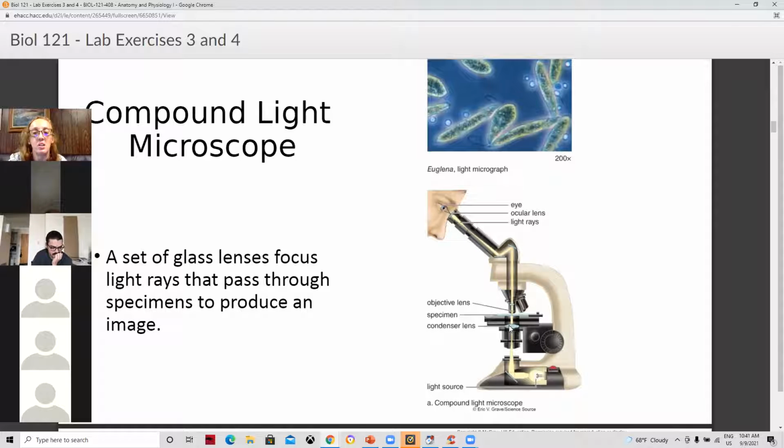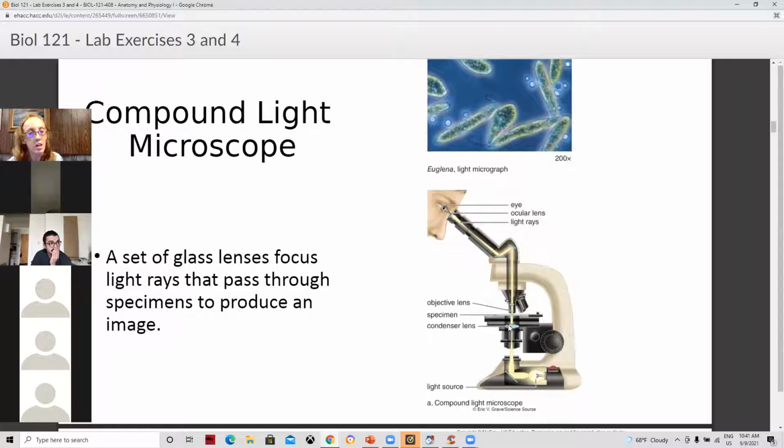So three sets of lenses pass through and focus light rays onto a specimen to produce the image you observe. That's the short and simple summary of what a light microscope does.